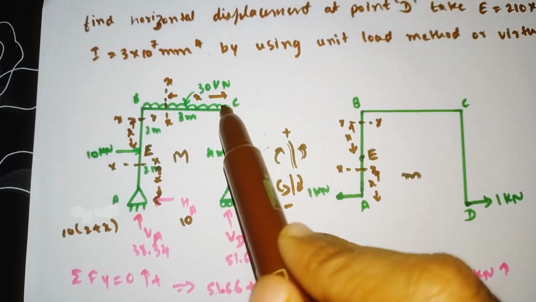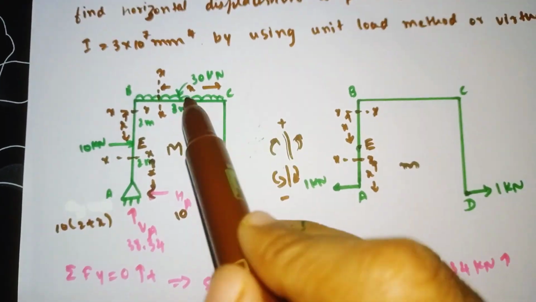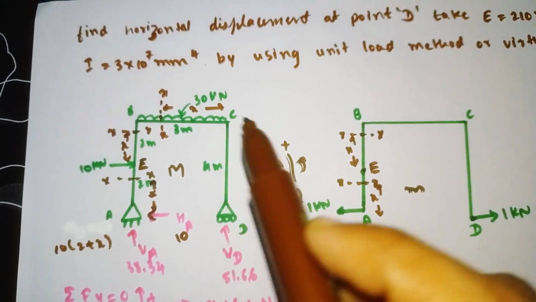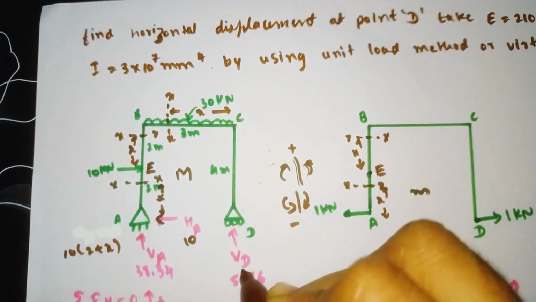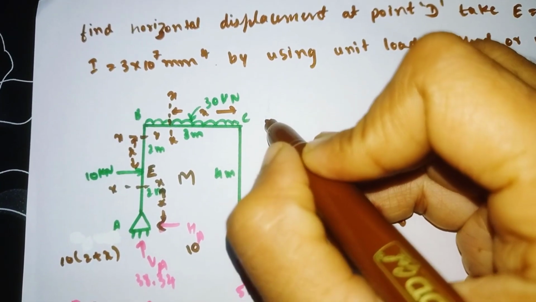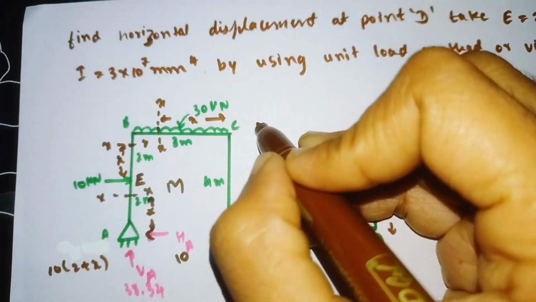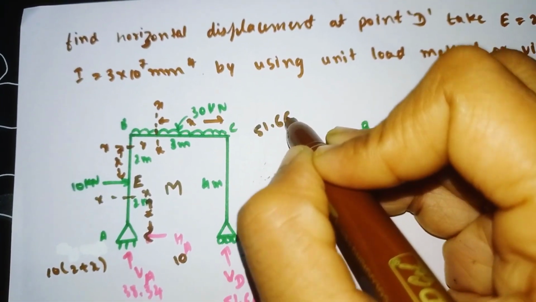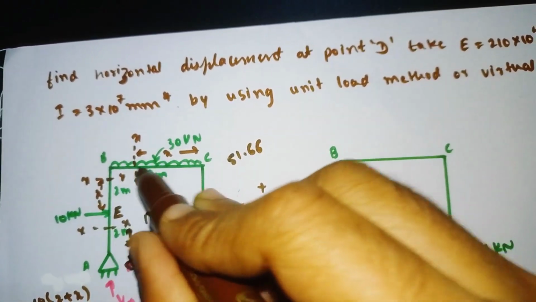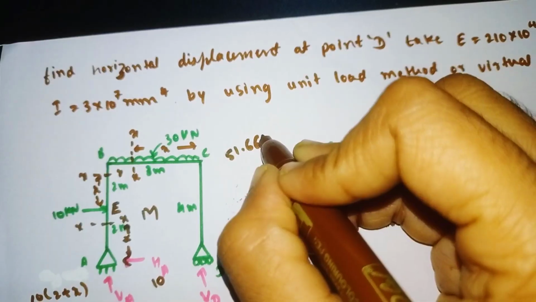Here one UDL is there, UDL of 30 into the distance x. I will write it here. So VD is moving upward, no? We need to take 51.66, always the perpendicular distance. For VD this is the perpendicular.